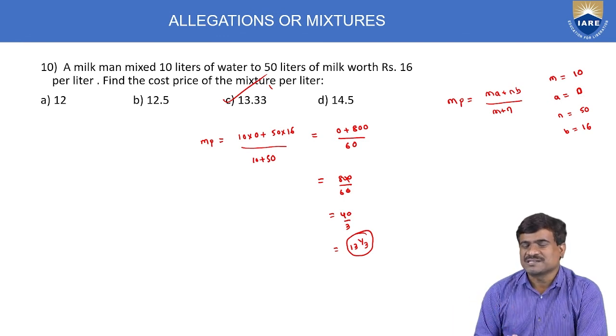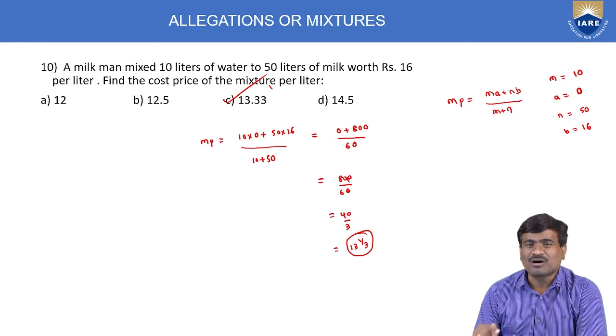Next, two assumptions: cost price of water is rupees 0 and cost price of milk is rupees 1. Finally, mixed price or mixture price is equal to (MA plus NB) by (M plus N), where M, N are quantities and A, B are cost prices.